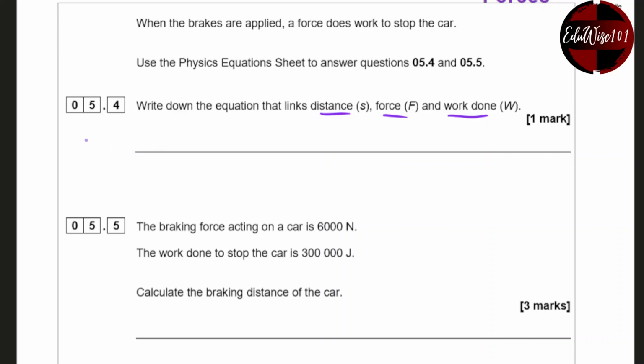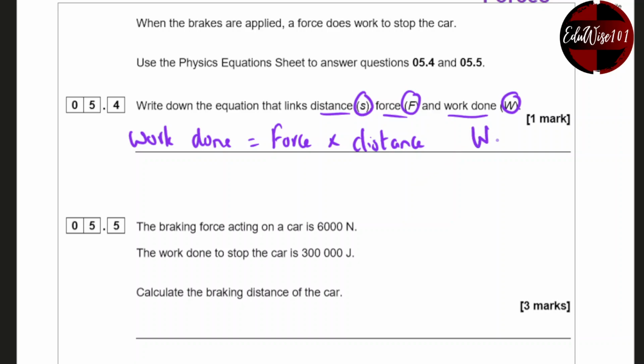Now the equation is work done equals the force multiplied by the distance. You could use the symbols that they have given here to write the symbol equation: W equals F S.